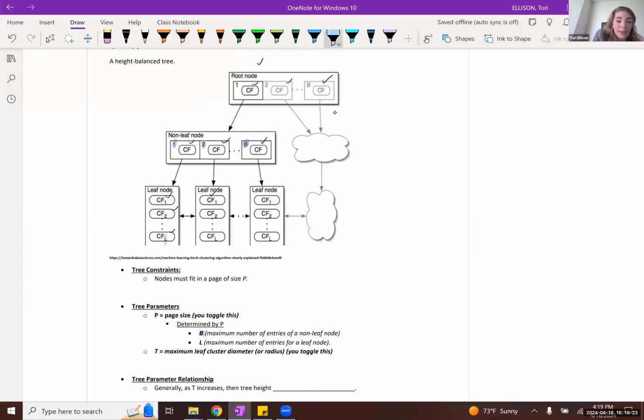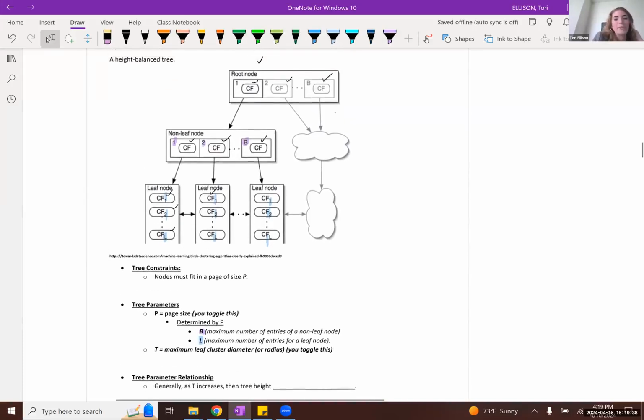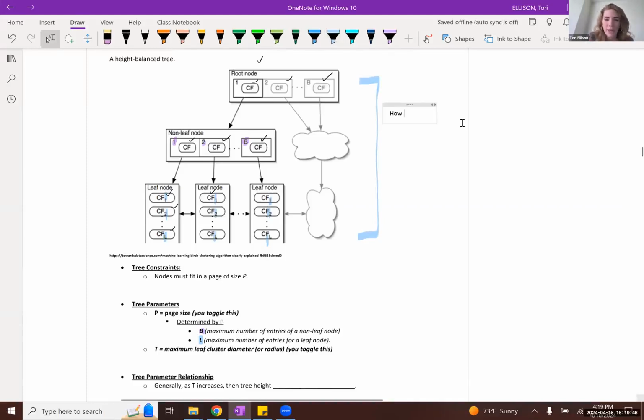And then furthermore, we can also specify how many CF entries we would like to allow in our leaf nodes. And then our computational memory limitations might also give us stipulations about how high your tree is allowed to get.